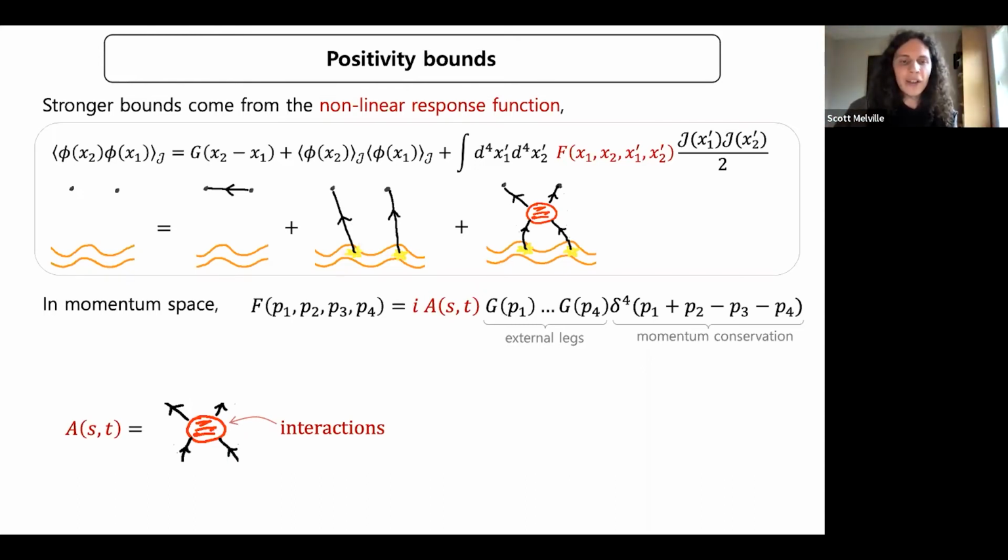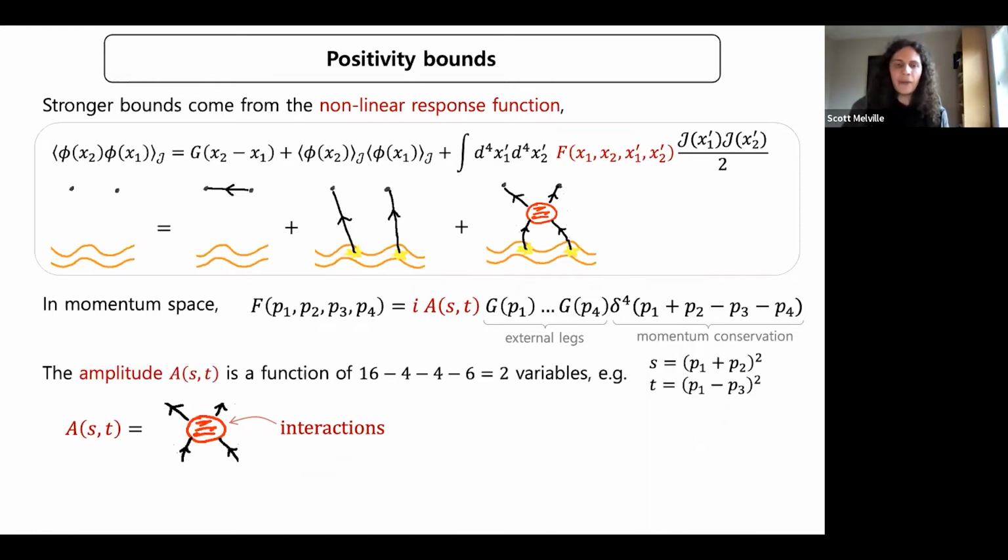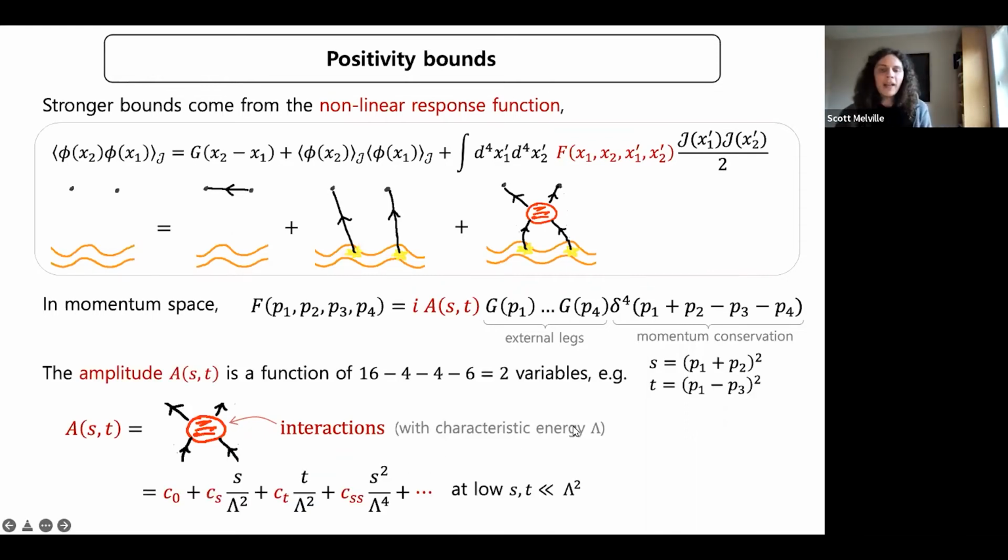All right, very good. So this thing is, again, a very difficult thing to compute in the full interacting theory. Computing this even in perturbation theory is quite challenging. But if these interactions have some characteristic energy scale lambda, then you can expand this amplitude in powers of the energy divided by lambda.